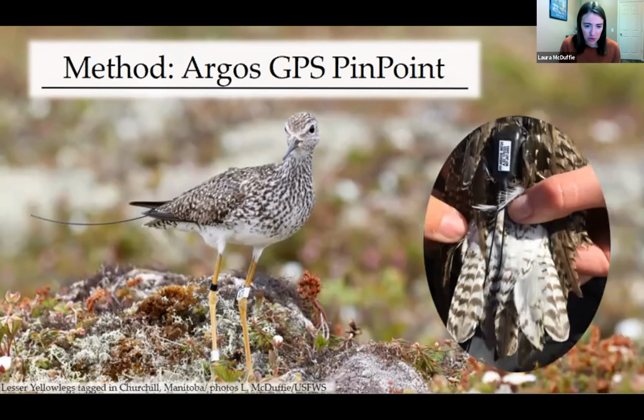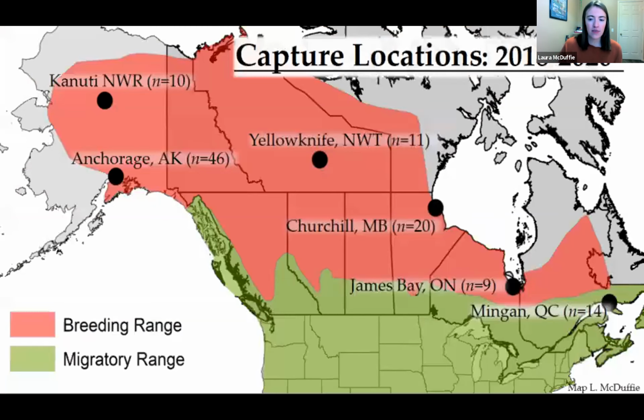They have flexible scheduling, so if you're interested in the full annual migration, you could schedule them to collect data throughout the full annual cycle, or if you're interested, say, in just autumn, you could have them collect locations more frequently, although everything is dependent on battery life, and on average, they only collect about 90 locations. They also have pass prediction capabilities, which allows for remote transmission of data, so you don't have to actually recapture the individual to get the data back.